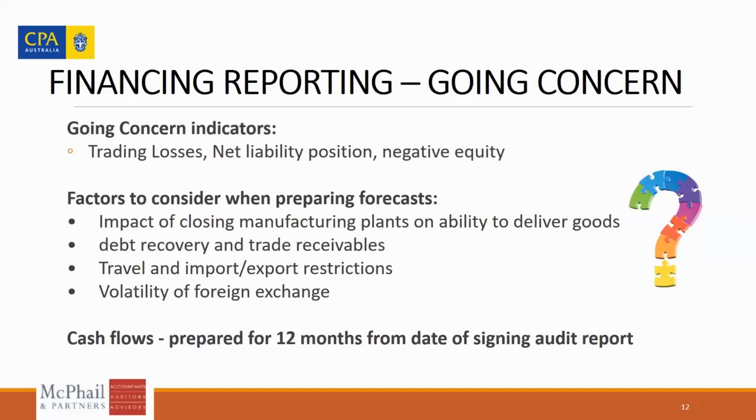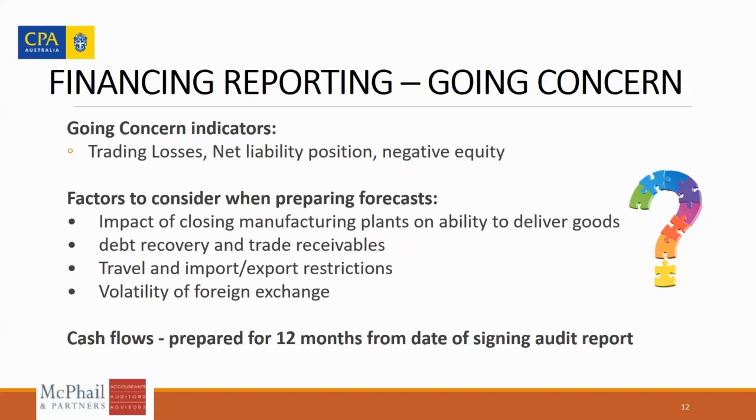One thing they need to be considering is all the different impacts, and the cash flow has to be not for 12 months from year end, but 12 months from the date the audit is finished. So we're looking likely that a cash flow should extend up to, say, October or November of the following year.